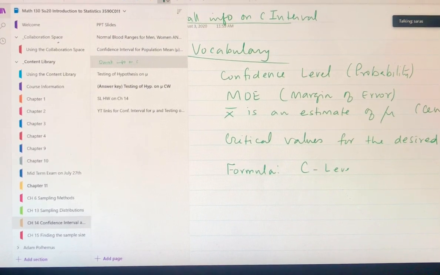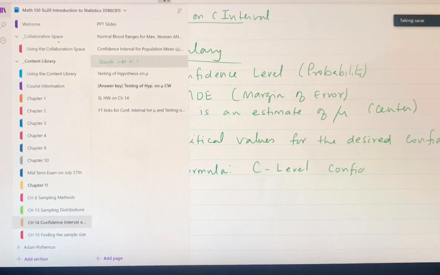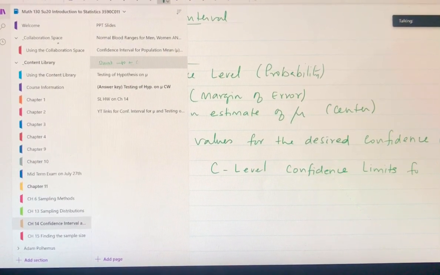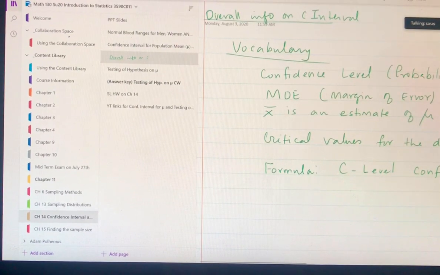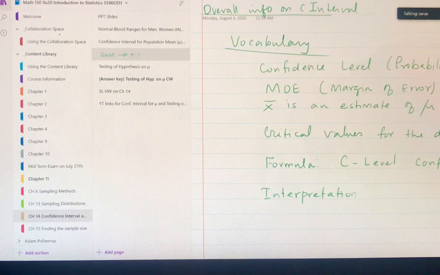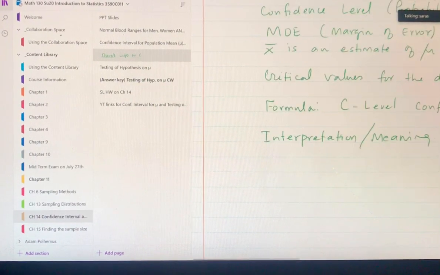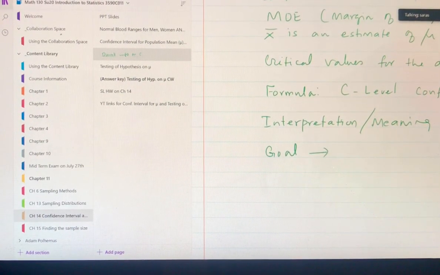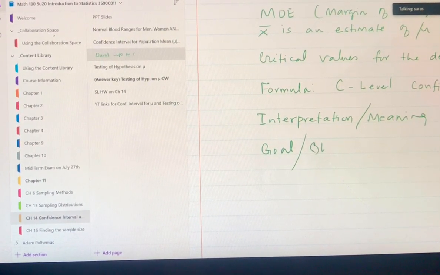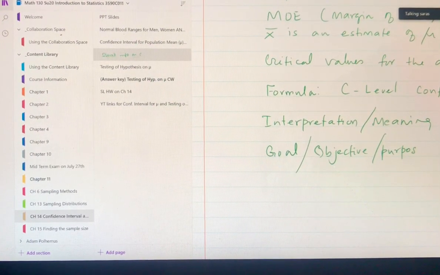C level confidence limits formula. That's right. And then you have to understand what is the interpretation of the confidence limits. All right. And then what is the goal or the objective or the purpose of having the confidence limits.